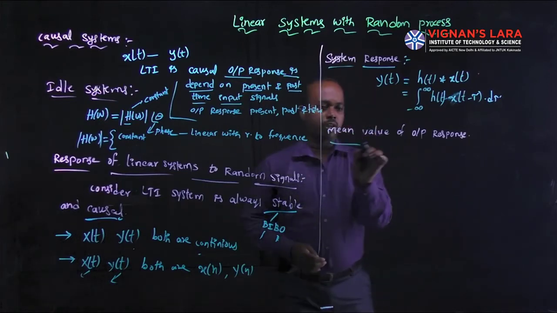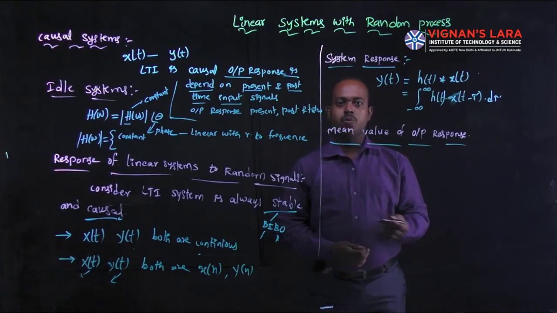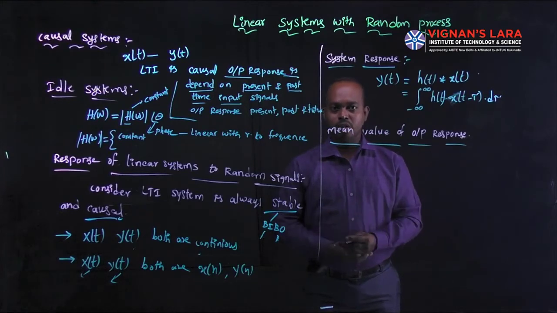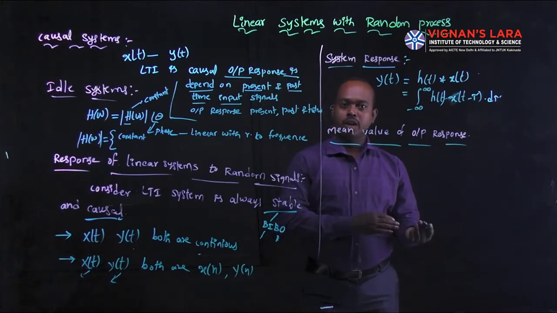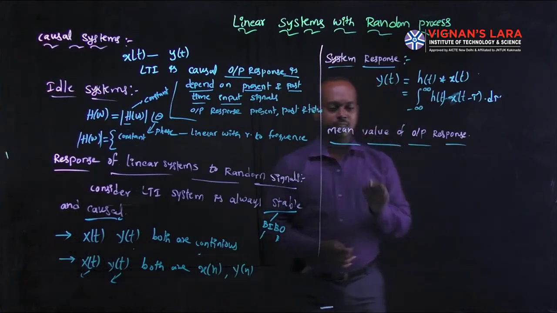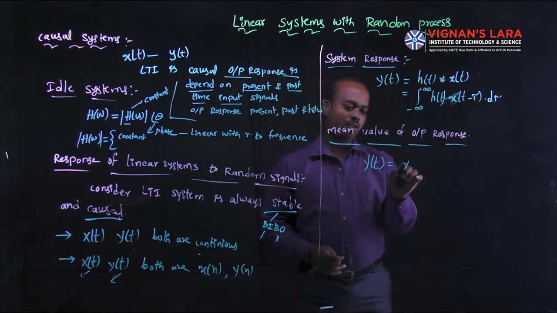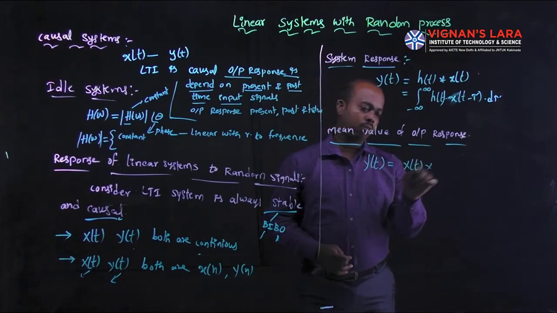Coming to the next topic, the mean value of output response. We have to take the mean value as the input, and we can obtain the system response. For this, we consider the output y of t equal to the convolution of the input signal and the impulse function.